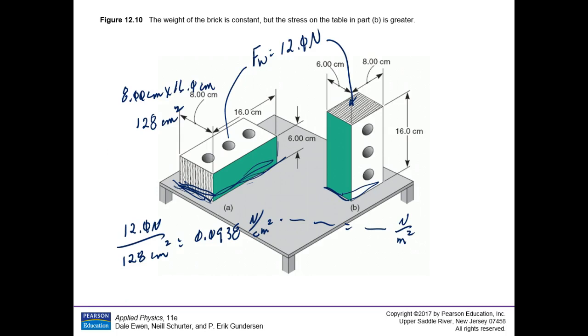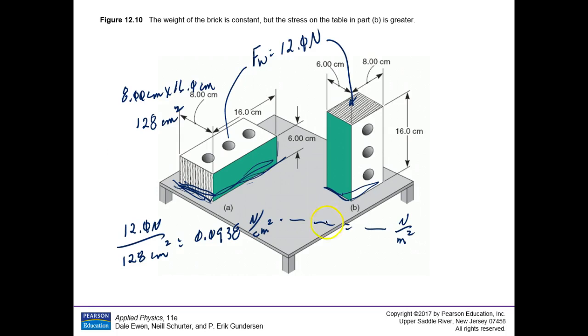What's changing is square centimeters and square meters. So let's just first deal with meters and centimeters. Which of those is going to go on top, which is on bottom? Meters or centimeters? Meters go on the bottom and centimeters on top.